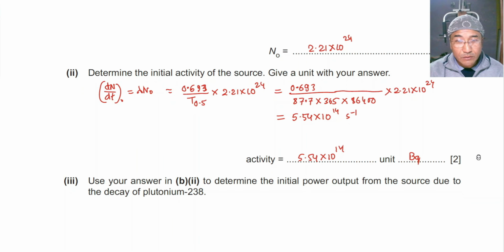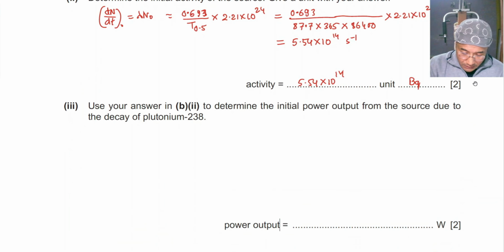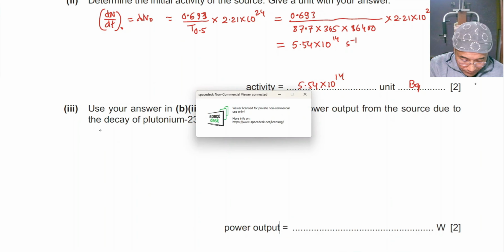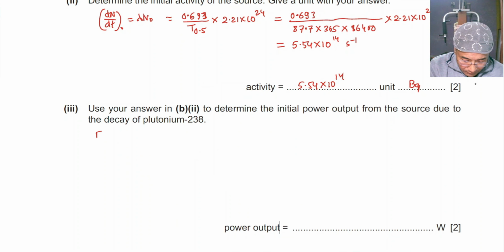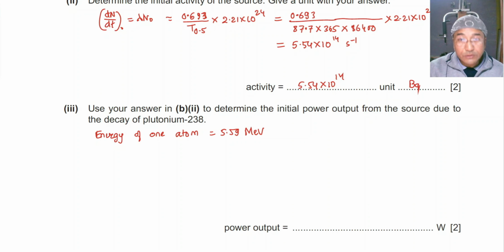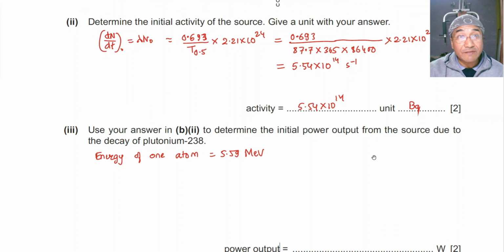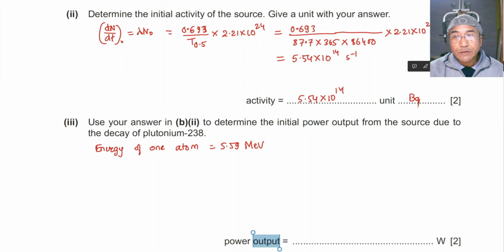So that's why what I must have is energy of one atom is equal to 5.59 mega electron volt. Let me confirm it, 5.59.